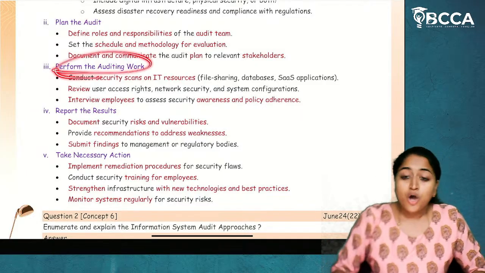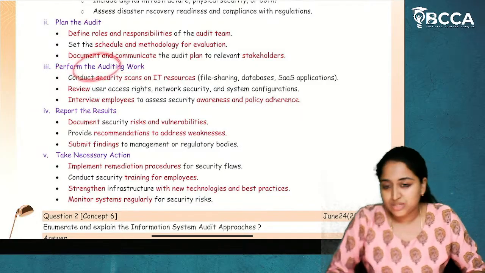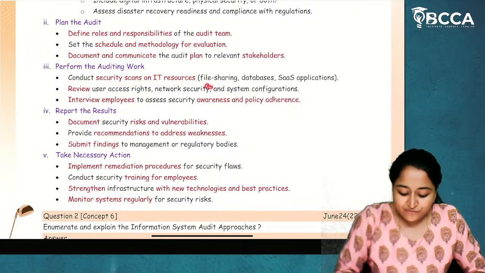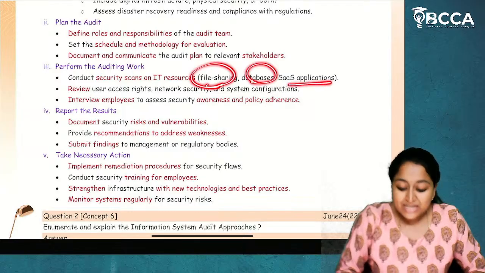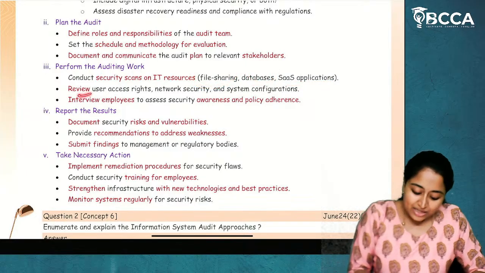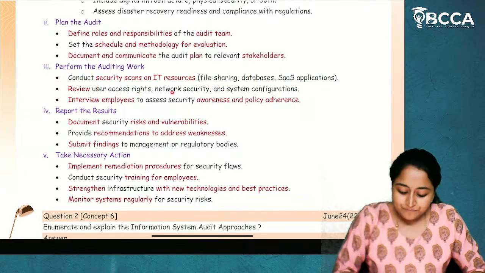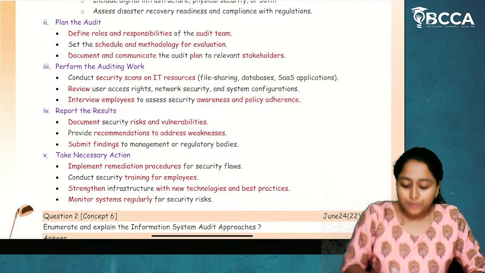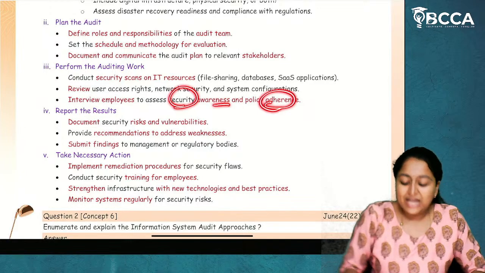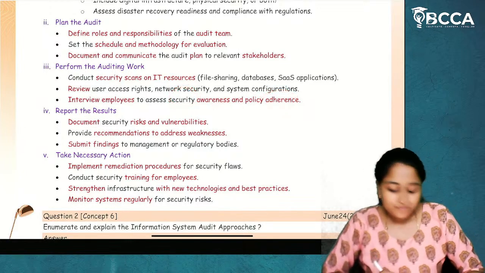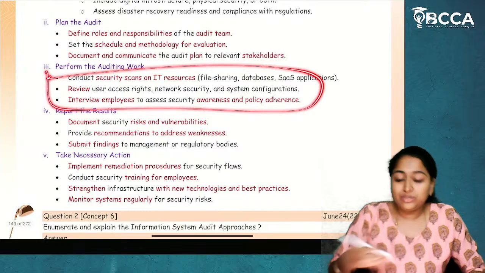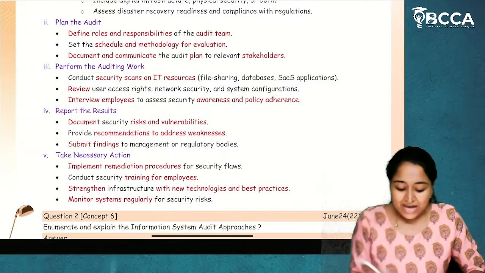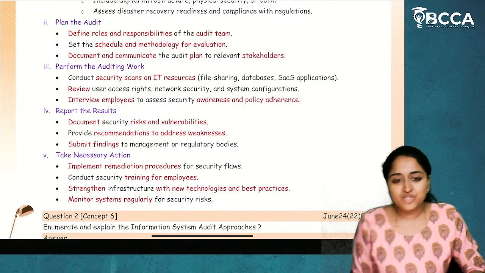Next, perform the auditing work. This is the execution stage. Conduct security scans on IT resources like file sharing, databases, SaaS applications. Then review user access rights, network security and system configurations. Interview employees to assess security awareness and policy adherence. Regarding all this, you will conduct the survey, do the security analysis and execute the plan which is made.